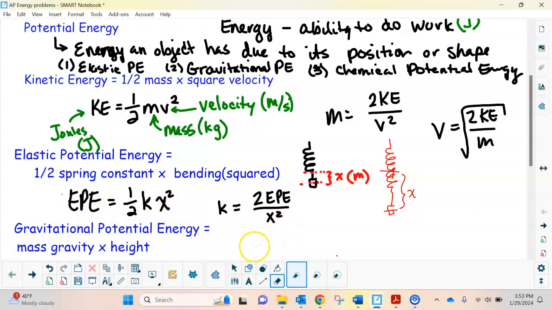Okay, so we've got that down. Also, this spring constant's in a pretty nifty unit. It's going to be joules per meter squared. So k is always measured in joules per meter squared.